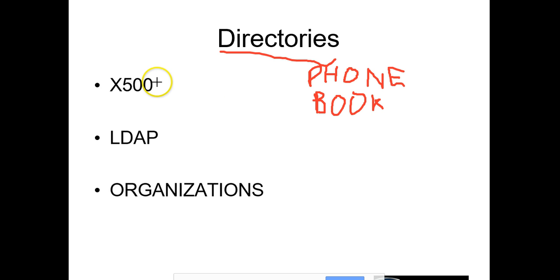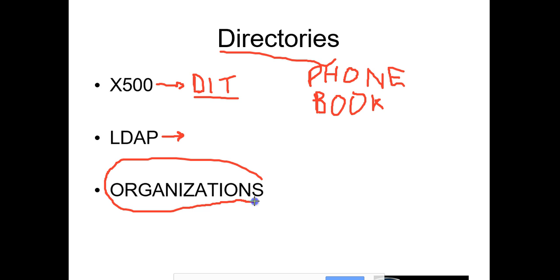And whether it's X.500, which uses this thing called the directory information tree, a hierarchical model, or the Lightweight Directory Access Protocol, which also implements a directory information tree, basically it organizes everything into these things called organizational units, or OUs.